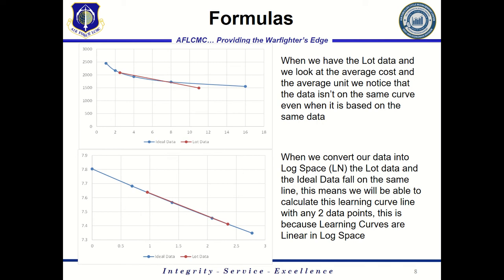But if we convert both sets of data to log space as opposed to real space, which is just a mathematical conversion of the data, we see that both the lot data and the perfect data, if you will, or the data that's in the pairs of the doubling pairs, are on the same plane now, and they're on the same line, and that makes sense because they had the same learning curve and they were the same data, just grouped in a different fashion.